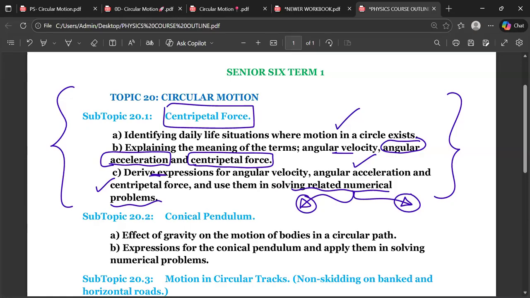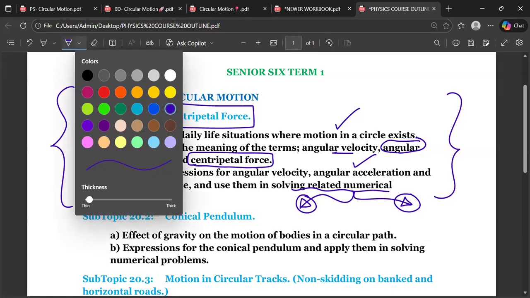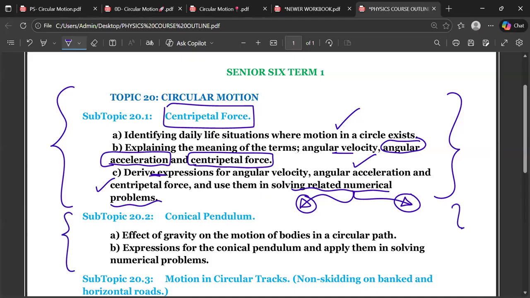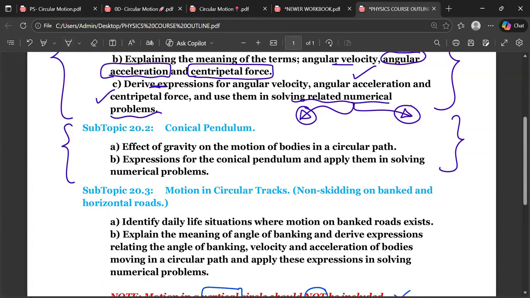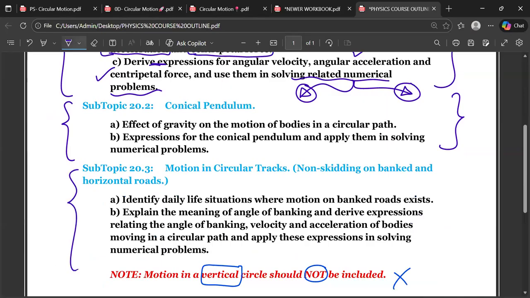Then we shall end it at that. Next time, we cover the conical pendulum. This one needs one class, and then we shall end with these. But remember, the remaining lessons of the week, we shall be covering waves. We shall introduce waves and then go into progressive waves. Hope you are aware.